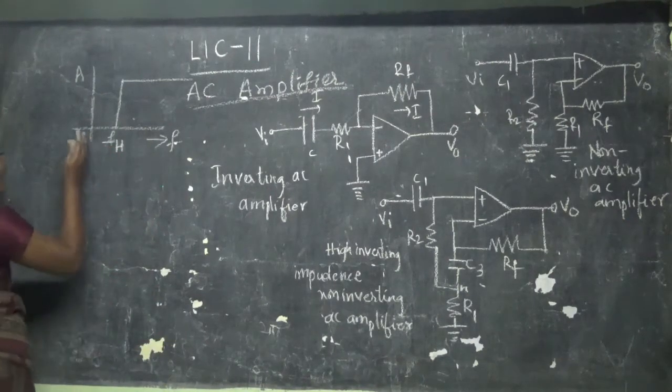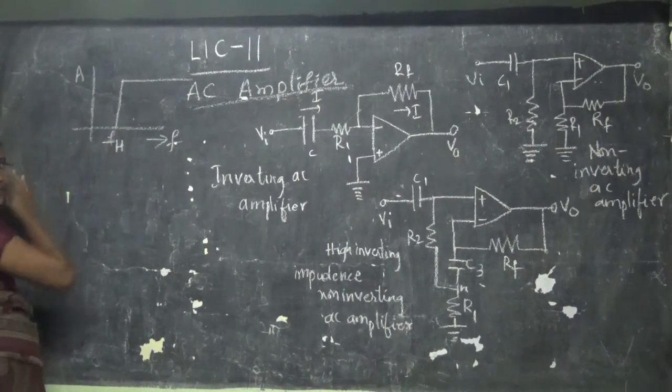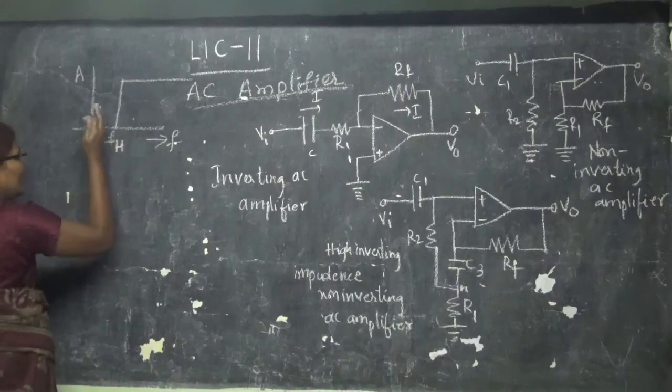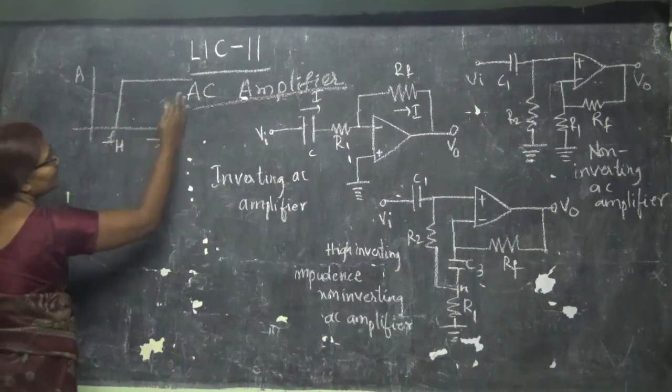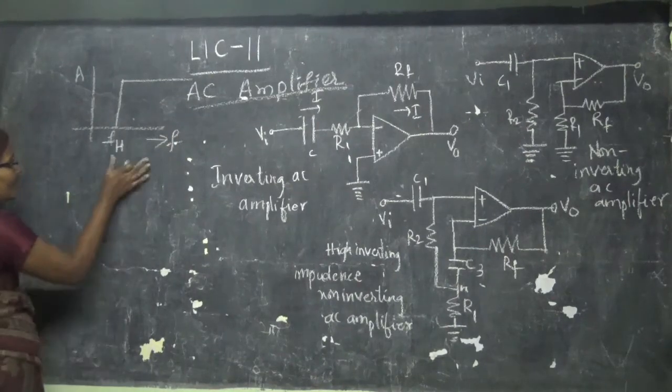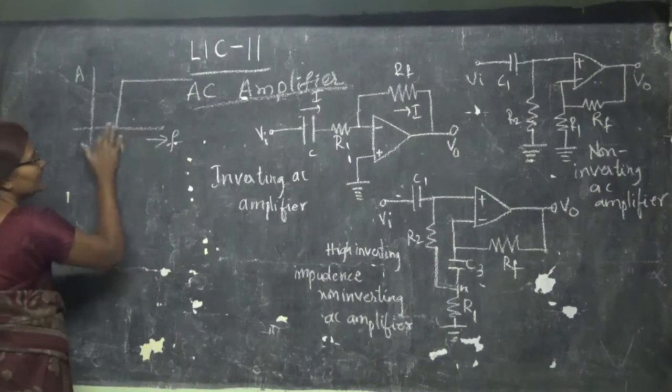Up to the frequency FH, all the signals will be blocked, and after FH, all the signals will be passed. Lower region is blocked and upper region is transmitted.